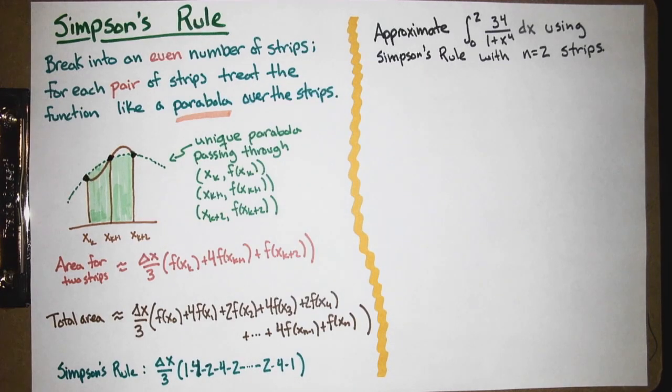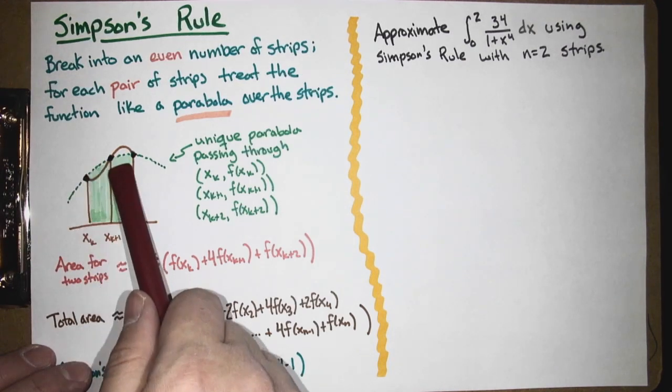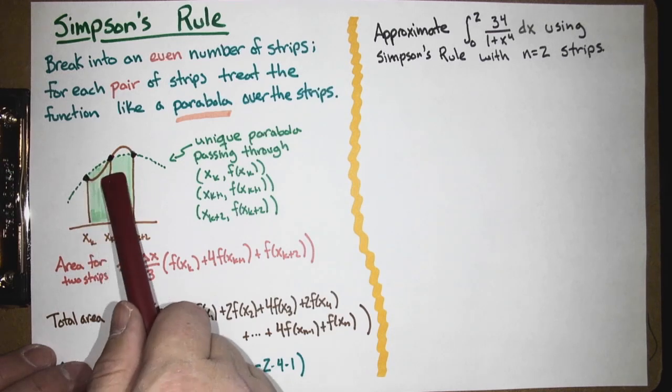If I have 3 points, there's a unique parabola that runs through those 3 points. And so we find that parabola. Well, we actually don't. We don't need it. We in theory could find it, but in practice we say, okay, what's going to happen? We're going to use the area underneath this parabola as a stand-in for the area under the function.